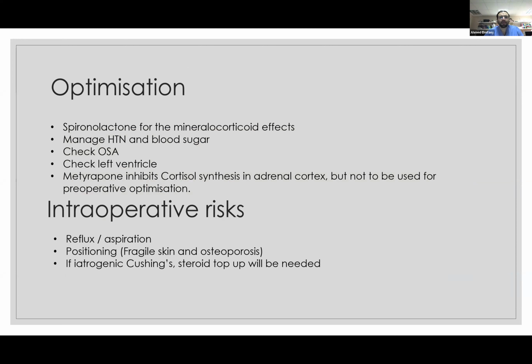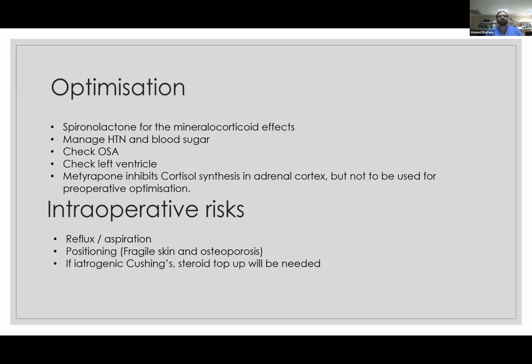Optimization, again, for those patients with Cushing's: spironolactone, because the glucocorticoids have a mineralocorticoid effect, so they have the same problem. Manage hypertension and blood sugar. Check obstructive sleep apnea because they have a lot of deposition of fat in their upper airway. Again, left ventricle.